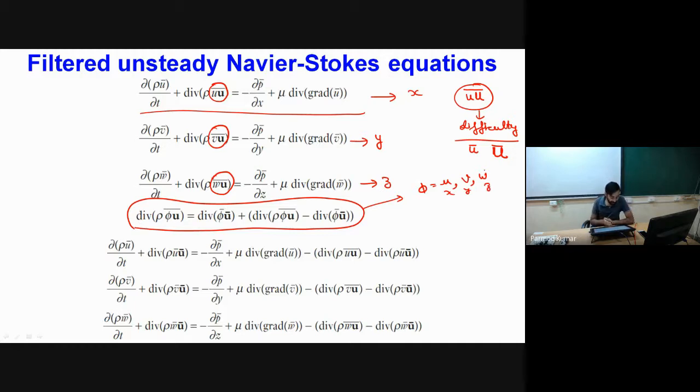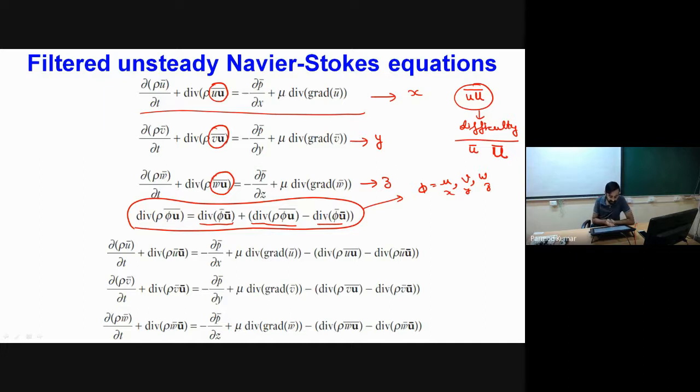Now, if I write this generalized divergence of rho phi u and bar of phi into u multiplication, what I have done is I have kept this term as it is, and one term I have added and the same term I have subtracted. So you can see I have added divergence of phi bar into u bar and I have subtracted it.